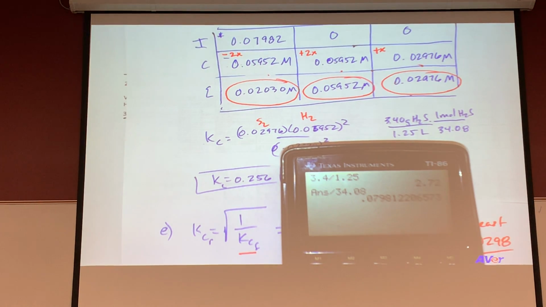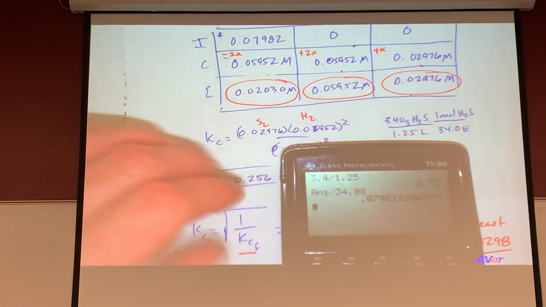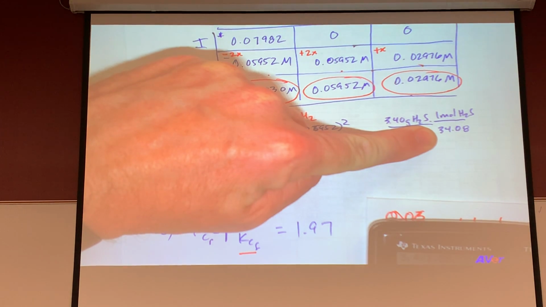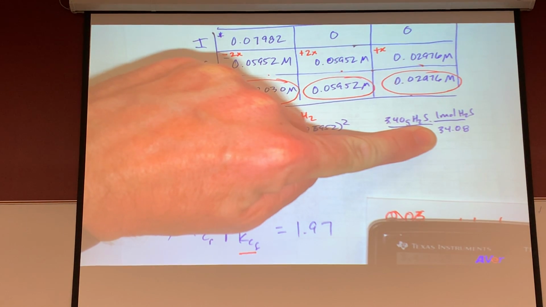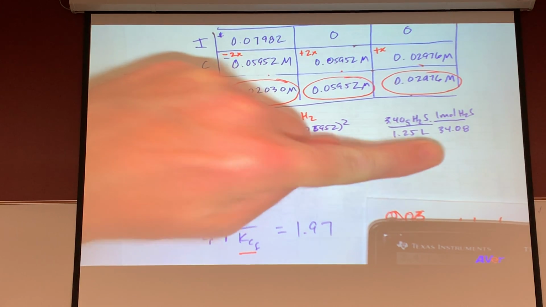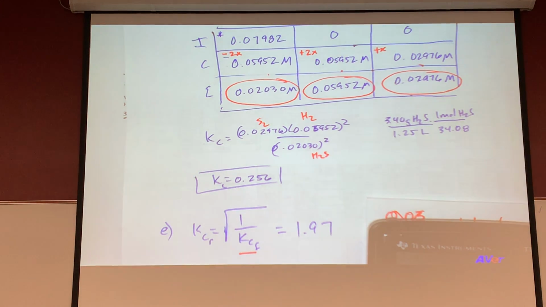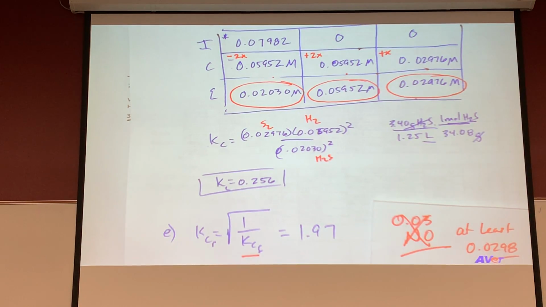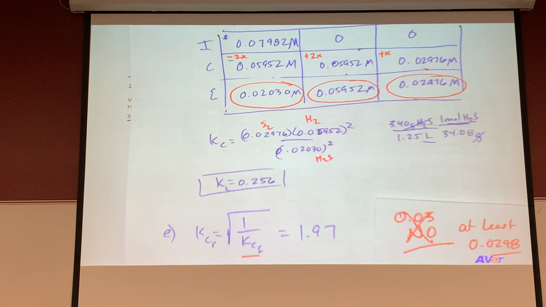I saw a different number there for a couple of people, but you do need to remember that it's in 1.25 liters. And the other question I had was, don't you need to solve that first before you do the math by liter? And sure you can, but you end up taking that answer and dividing it by 1.25 anyway. So mathematically, when you put the unit on here, the units cancel grams, and you've got moles on top, liters on bottom. That gives you molarity, which is right there.